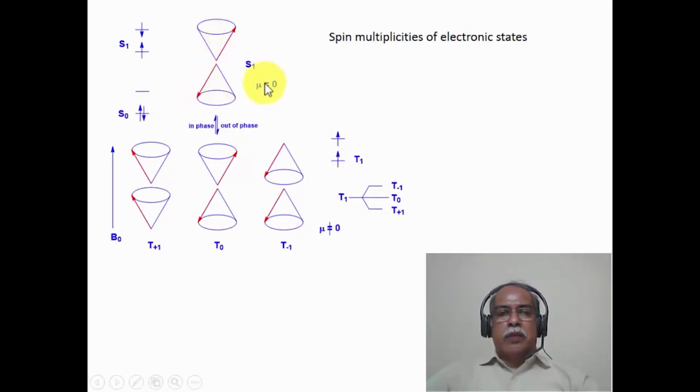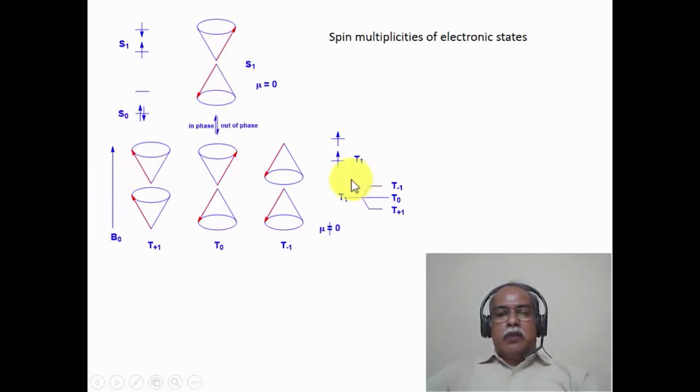So, essentially the overall magnetic moment is equal to 0, because one is aligned with the external magnetic field, and the other is pointing opposed to the external magnetic field. So, the net magnetic moment cancels to give a net magnetic moment of 0 in the S1 state. There is only one state that is possible, where the 2 spins are in opposite direction and they are synchronous in terms of their precessional motion in the presence of an external magnetic field.